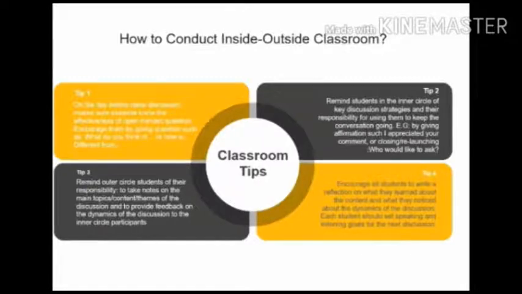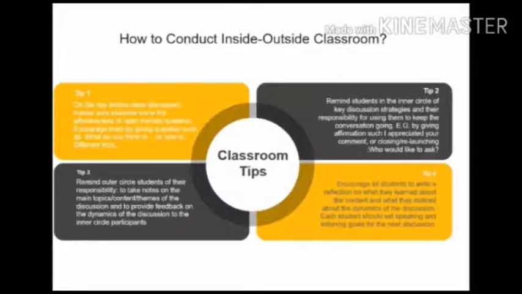In the third tip, we have to remind the outer circle of students of their responsibility. In the previous tip, we already reminded the inner circle of their responsibility in keeping the discussion going.